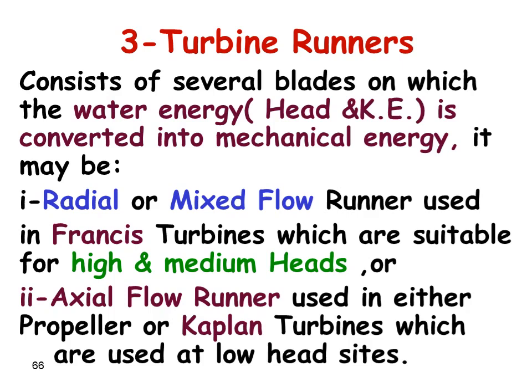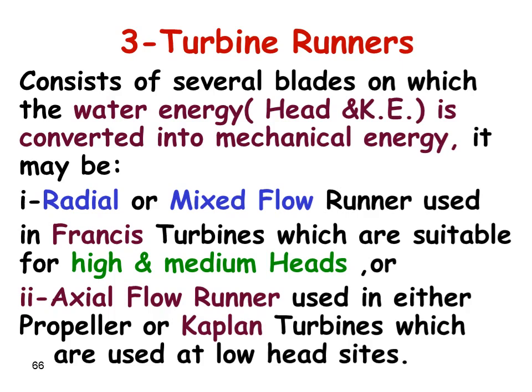What types of runners are there? The types of runners can be radial or mixed flow. This means the direction of flow inside the runner could be radial or mixed flow, mixed between radial and axial flow. This is used in the Francis turbine, which is suitable for high and medium heads.